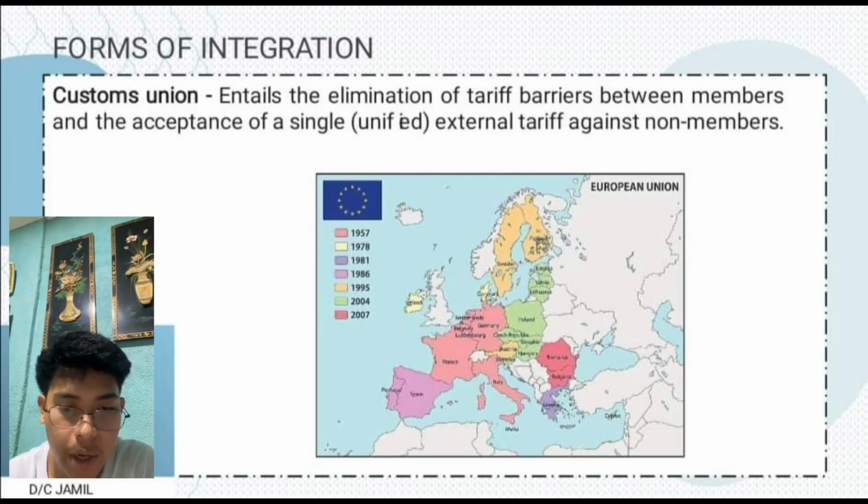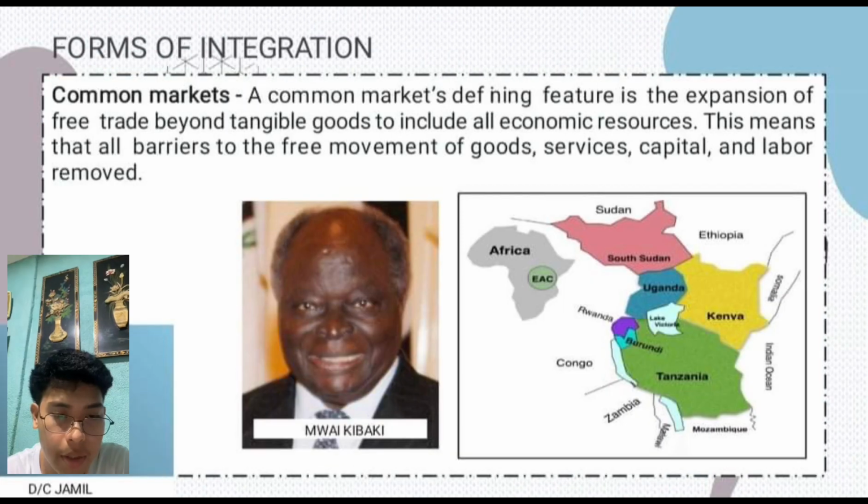A customs union entails the elimination of tariff barriers between members and the acceptance of a single unified external tariff against non-members. A common market's defining feature is an expansion of free trade beyond tangible goods to include all economic resources. This means that all barriers to the free movement of goods, services, capital, and labor are removed.